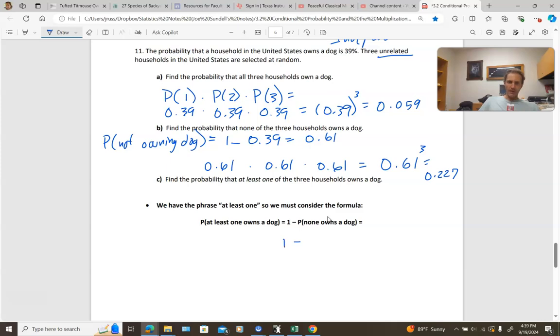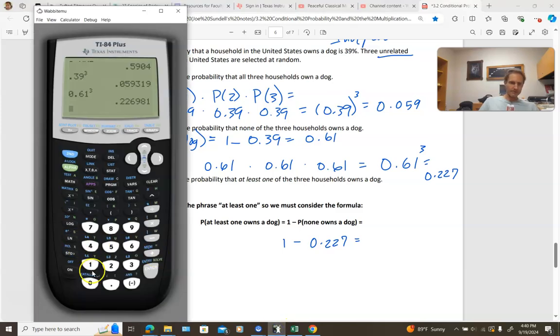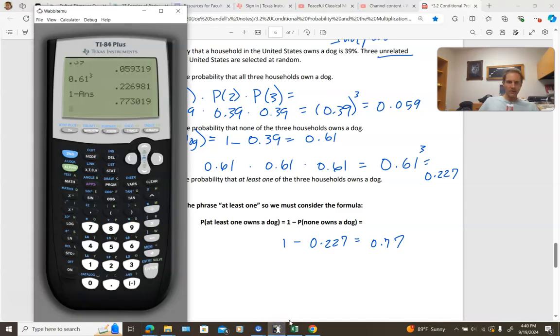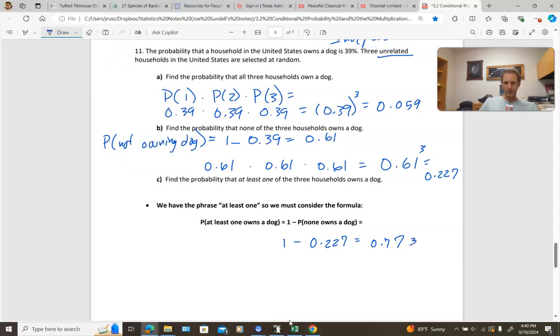So 1 minus the probability that none own a dog we just found. It is 0.227. Okay, so if we subtract these, we're going to get 0.773 to 3 decimal places.